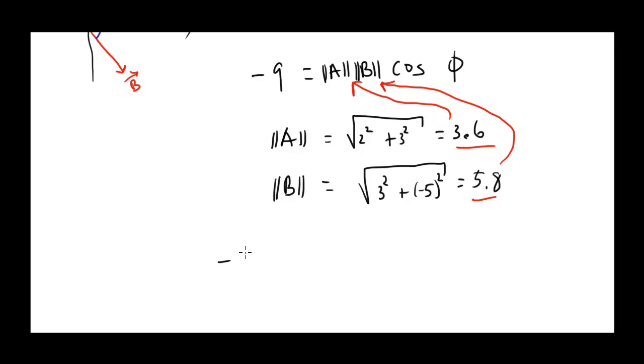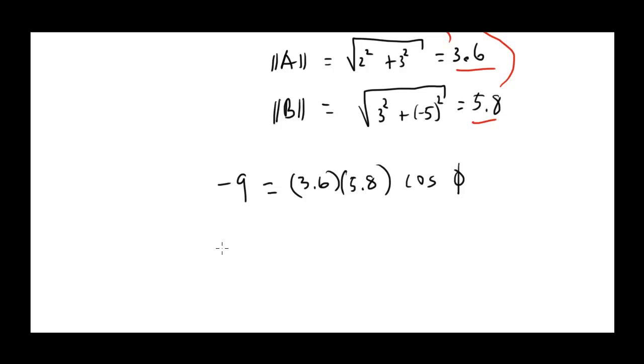So now I'm going to go ahead and rewrite this down here. I say negative 9 equals 3.6 times 5.8 times the cosine of phi. Okay, so what is 3.6 times 5.8? That's 20.9. So now I can say negative 9 equals 20.9 cosine phi.